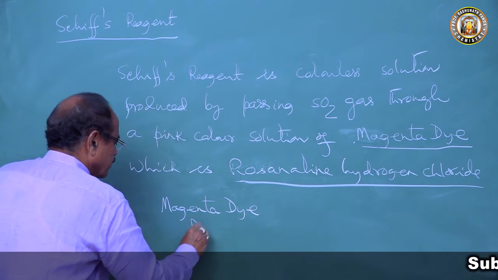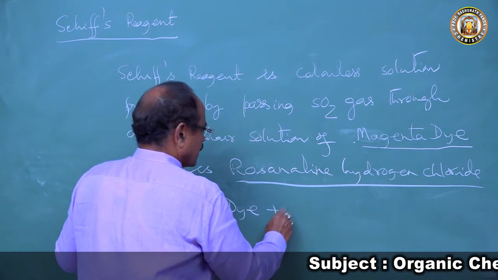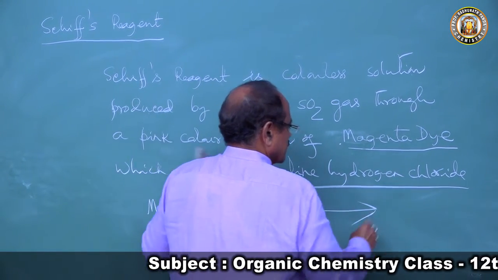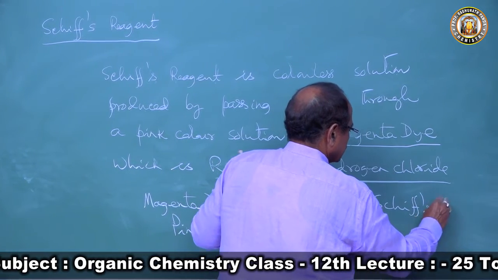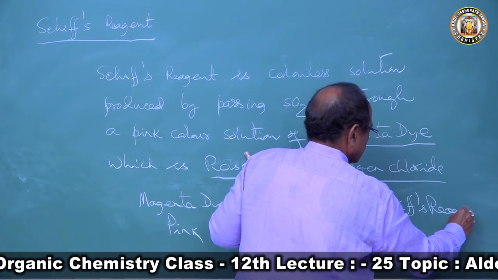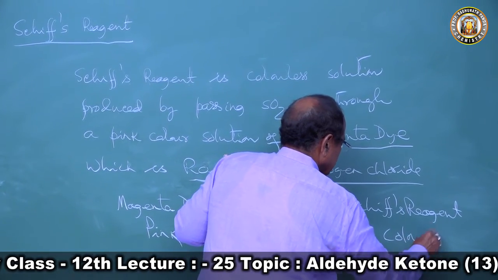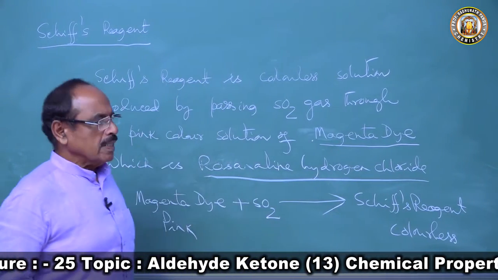If we pass sulfur dioxide gas through that, then we get Schiff's reagent. This is colorless.